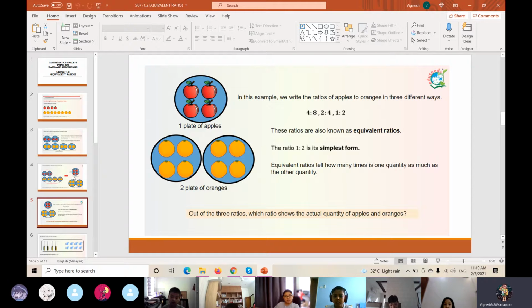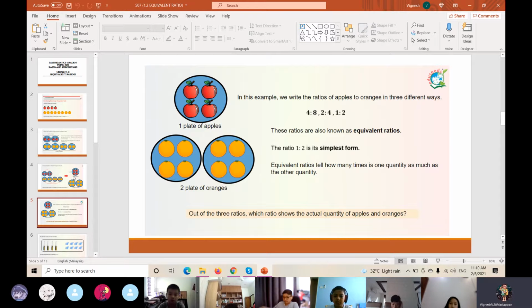How are we going to write the ratios in different ways? One way is you can write the total quantity of apples all together, and then the total quantity of oranges all together. So one way you can find 4 apples, 4 to 8, correct?